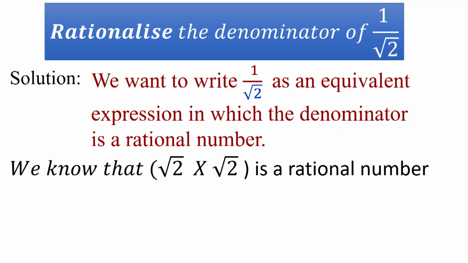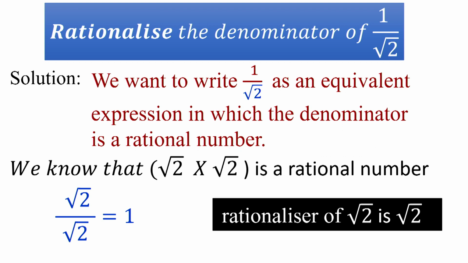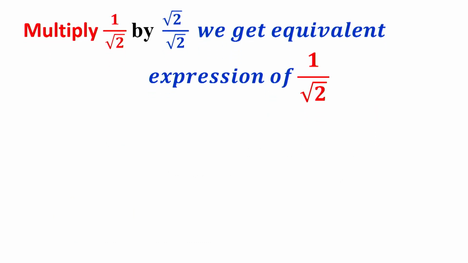We know that root 2 into root 2 is a rational number, because root 2 into root 2 is root 2 whole square, square and square root cancel, we will get 2. So, root 2 by root 2 is 1, because we cancel it, we will get 1. So, the rationalizer of root 2 is root 2 itself. So, multiply 1 by root 2 by root 2 by root 2, we will get the equivalent expression of 1 over root 2.